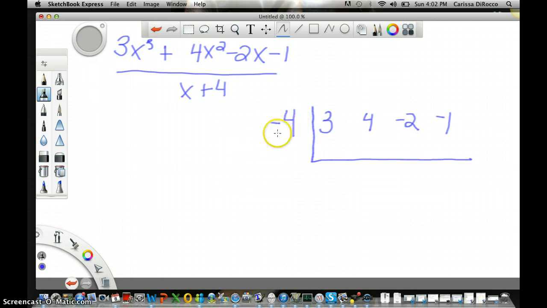Okay, so now we bring down the 3. And we multiply negative 4 times 3. That will give us negative 12. So I'm going to put the negative 12 under the 4. And then I'm going to add those, and 4 plus negative 12 is negative 8.